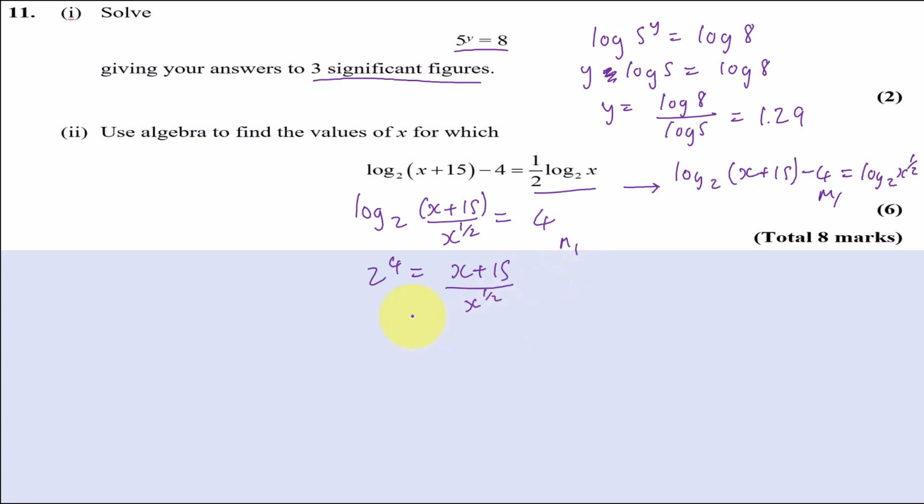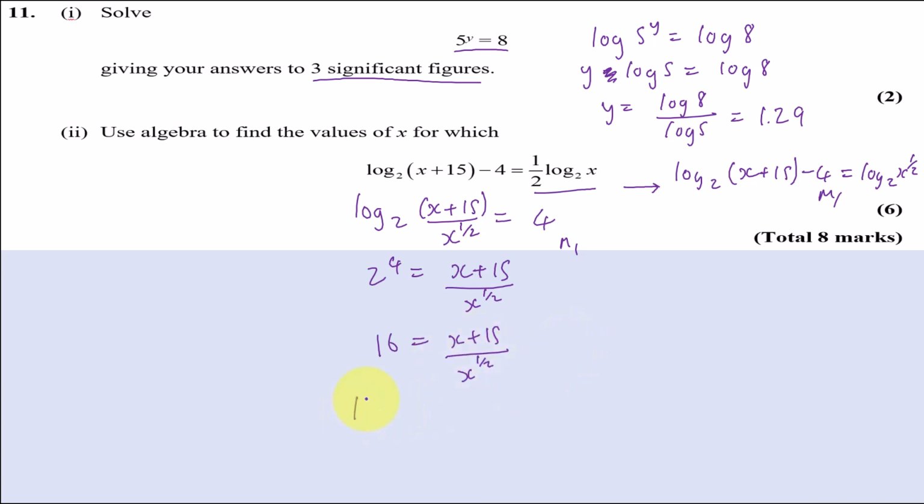Anyway, so from here, 2 to the power 4, what is that? 2, 4, 8, 16. We have 16 equals x plus 15 over x to the power of a half, which is the square root of x. So how do you want to handle this? Let's multiply out by x to the half.